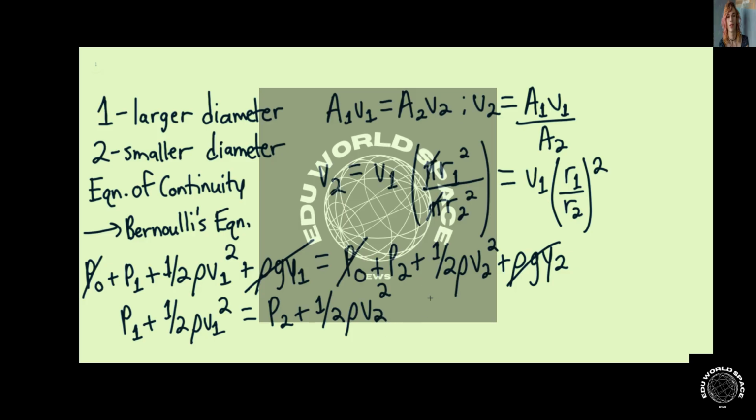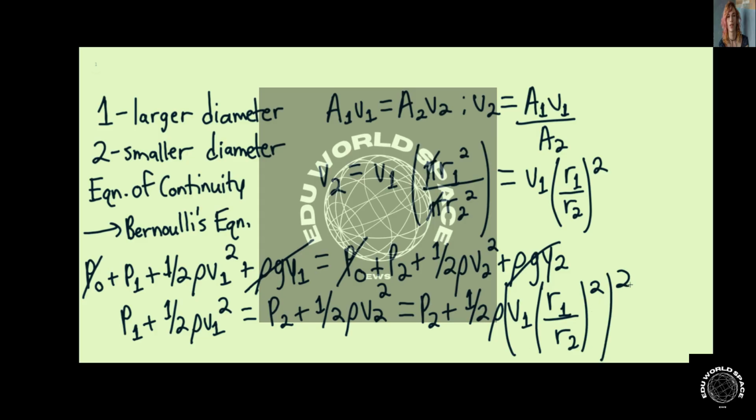We can then substitute for V sub 2, and this is going to equal P sub 2 plus 1/2 rho, and then for V sub 2, we'll say V sub 1 times, in parentheses, r sub 1 divided by r sub 2 quantity squared, and this entire thing is going to be squared.